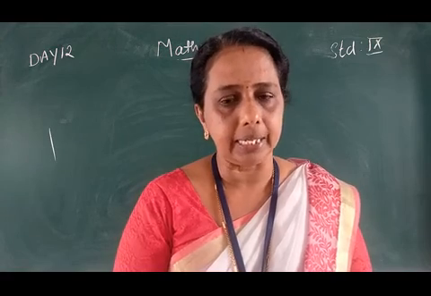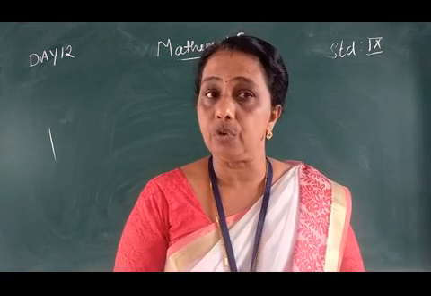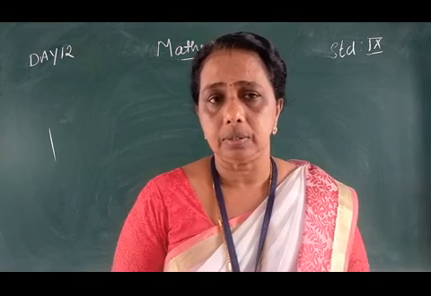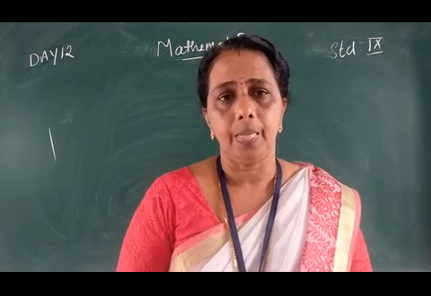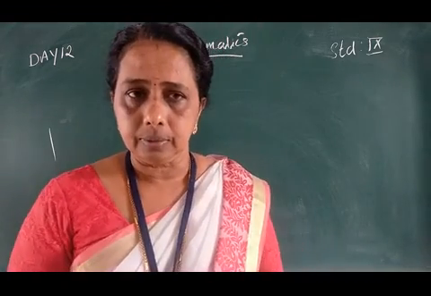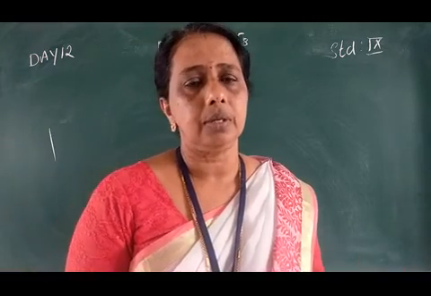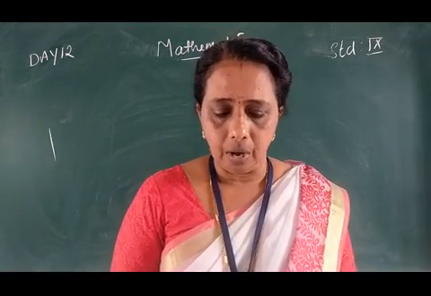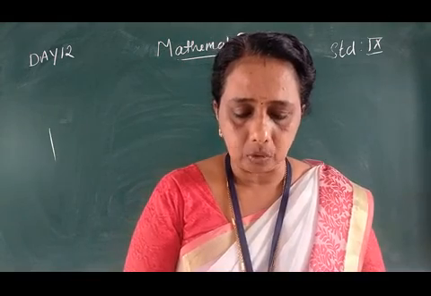Some numbers are given here, and we also have to study the identities based on square roots. Using the previous class identities and formulas, we have to answer these questions.